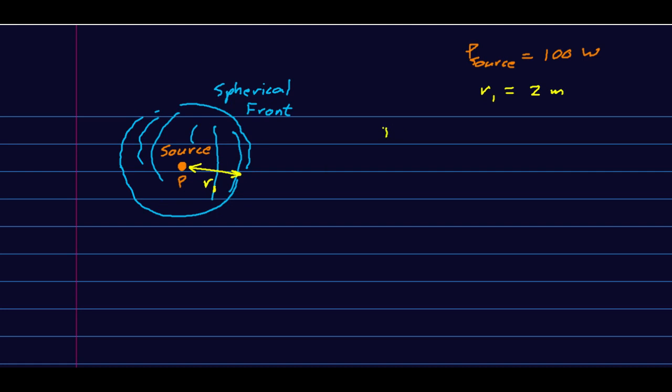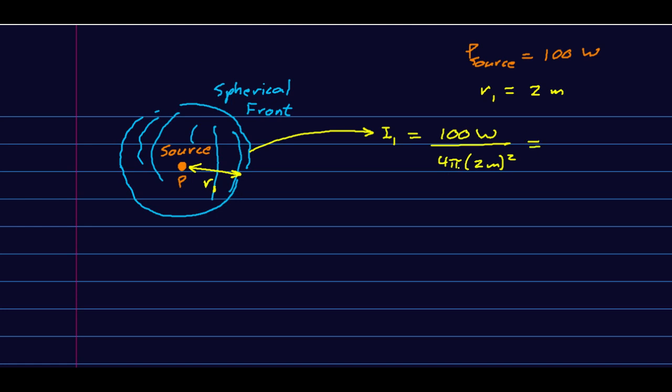And so we can say I1, the intensity on this front, is just the power divided by how much area it's spread out over. So that's going to be 4 pi times this radius squared. That's the area of a sphere, and that's easy enough to work out.